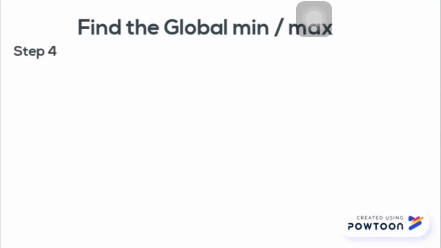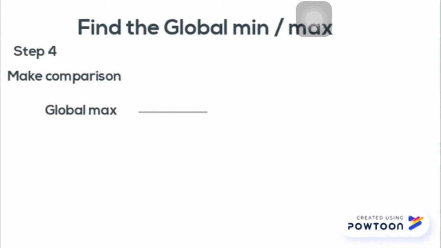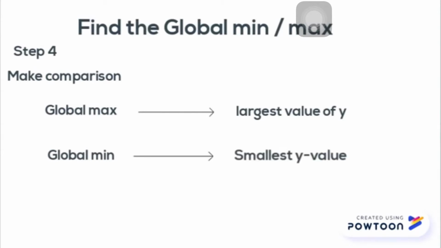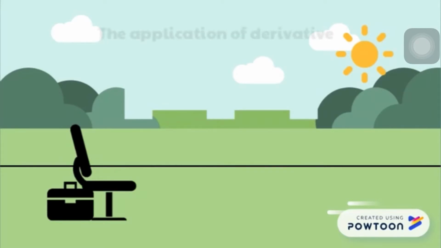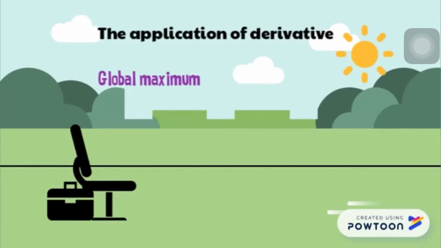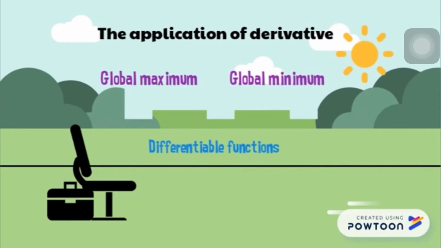Finally, depending on the final results, we can make a conclusion. Global maximum occurs at the point giving the largest y, and the point with the smallest value of y is global minimum.